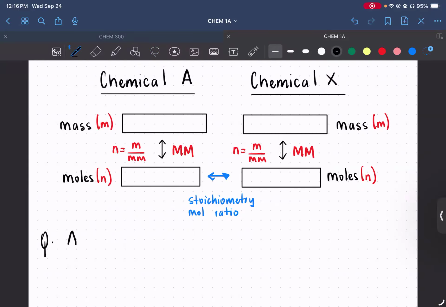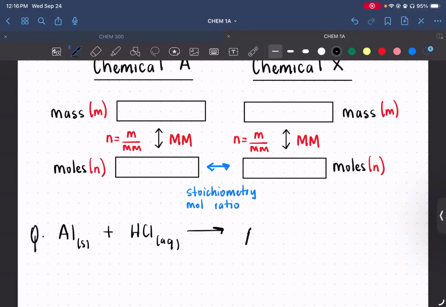So the reaction is between aluminum and HCl, which reacts to form AlCl3 and H2.